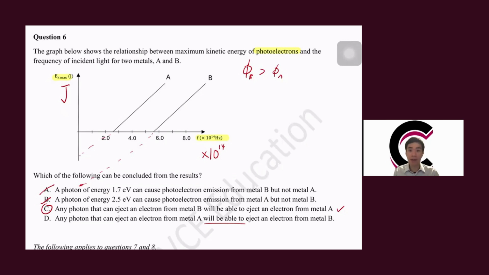Or if you're a man of numbers and want to recalculate, you can actually do some calculations. If you prefer numbers, you can find the work functions of A and B. We put the values in. Notice that it doesn't matter which unit it is, because it's an arbitrary unit.